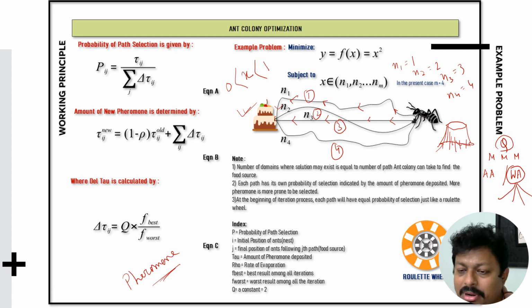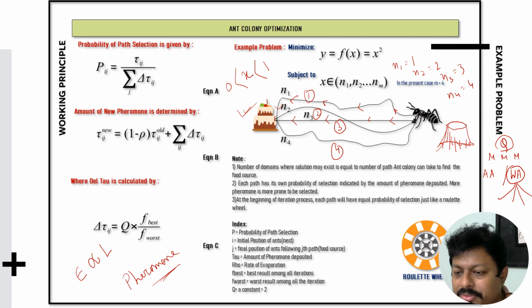So as is the property of many other liquids, the pheromone also evaporates. And it evaporates with a relation which is directly proportional to the length or distance covered by the ant.